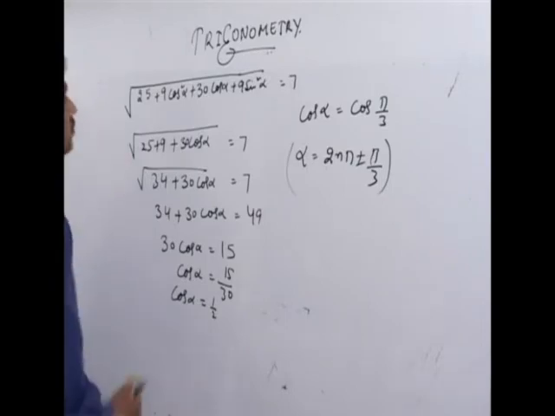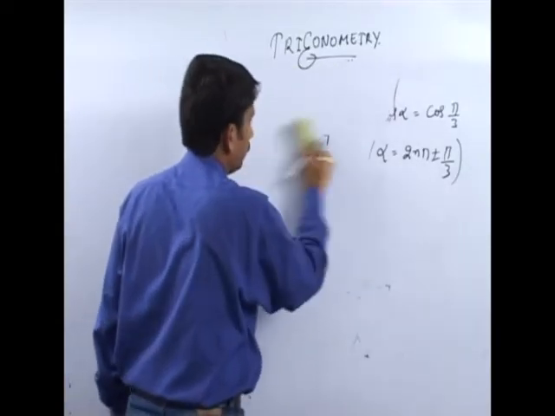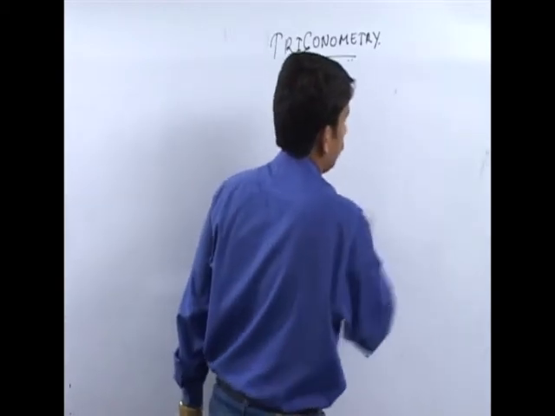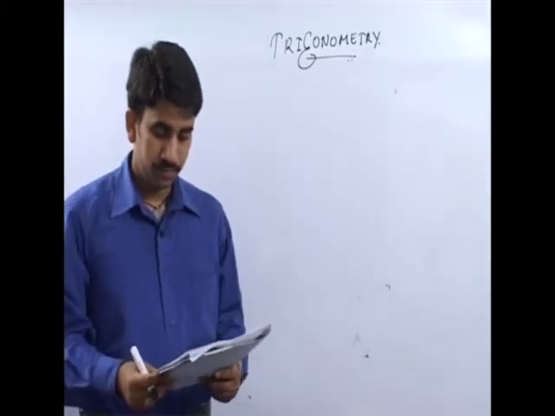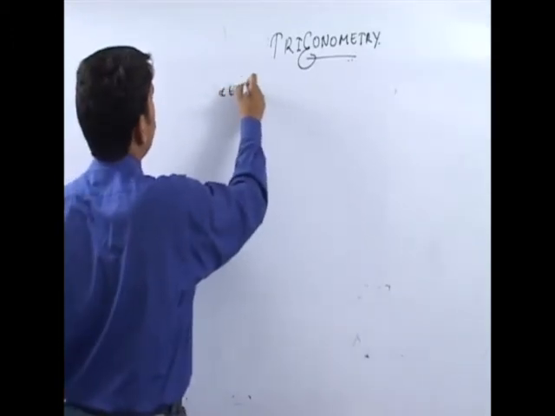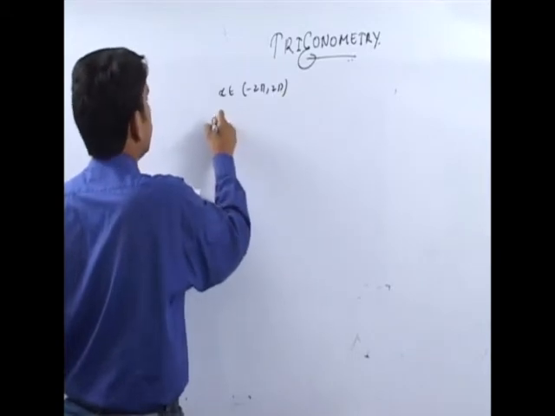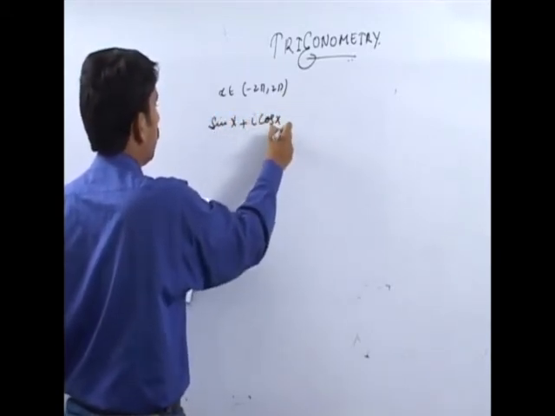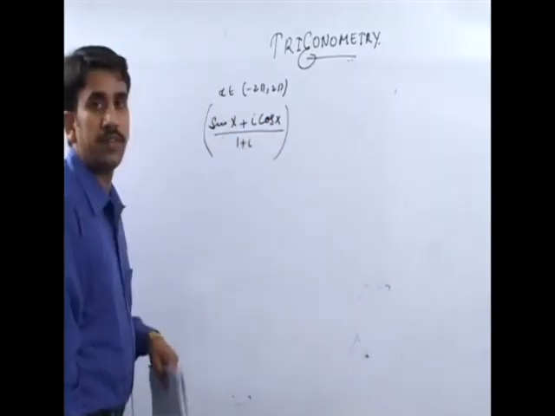Now the next question is, find the value of x belonging to minus 2 pi to 2 pi such that (sin x plus iota cos x) over (1 plus iota) is purely imaginary.